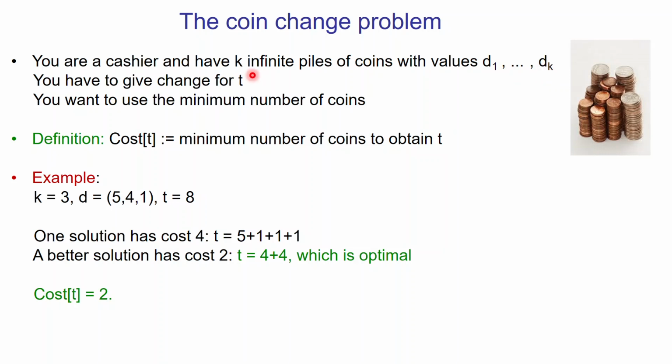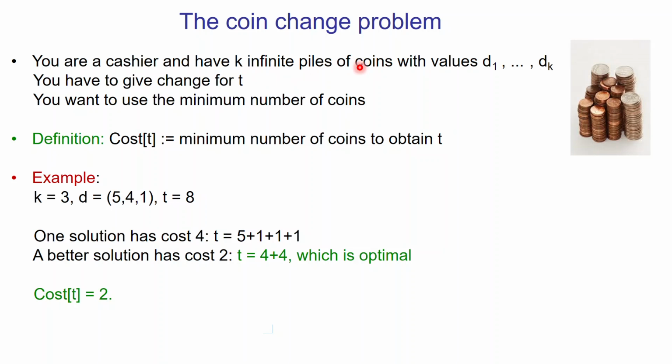And for each value, we have infinite piles of coins. We're not going to worry about having only a few of these coins. So you can think, for example, in the United States that we have pennies, nickels, dimes, quarters, and so on. So you have a customer who buys something and they need some change.